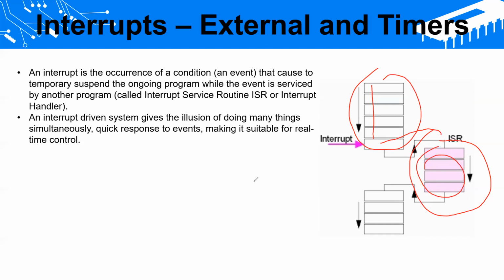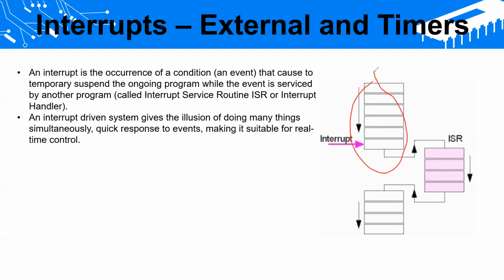The illusion created is that it looks like you are executing the main code, and by the time you execute it, if that condition is met, this piece of code also runs. So we can see these two pieces of code run at the same time, as if working simultaneously, but you know that at the base level that's not going to work. It just creates the illusion.